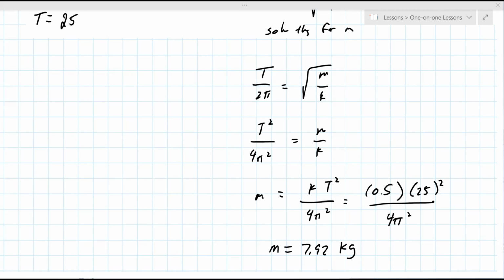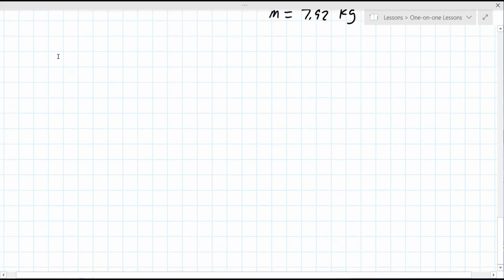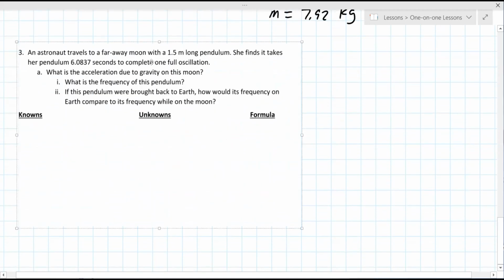On number 3. Question 3 here. An astronaut travels to a faraway moon with a 1.5 meter long pendulum. That's your L there.